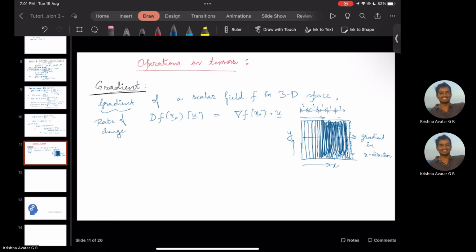No. Even if you just have segments of every bar placed along this direction, in every unit interval the number of segments along y direction remains the same, no matter which segment you choose. So in this direction, there is no gradient.